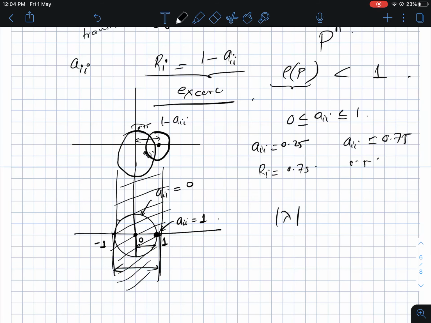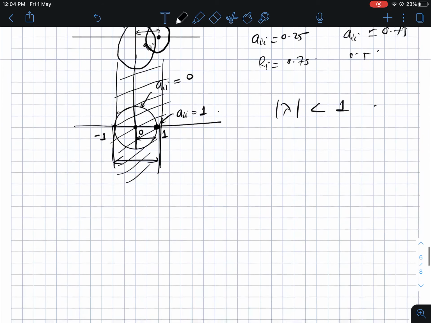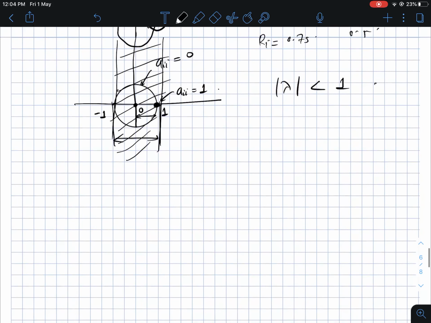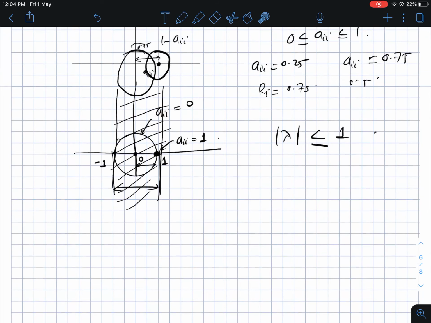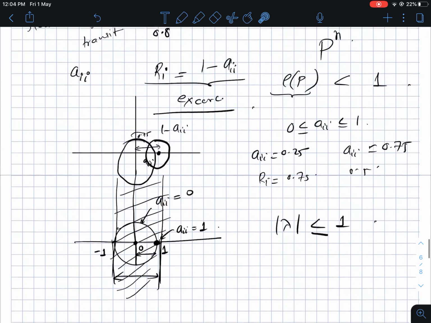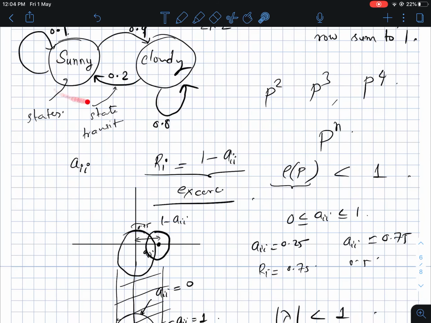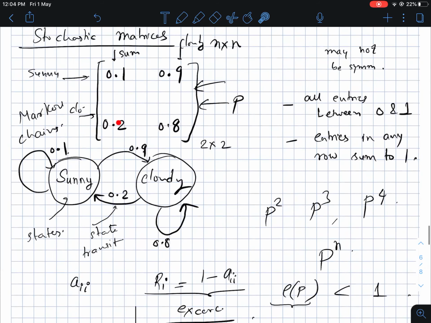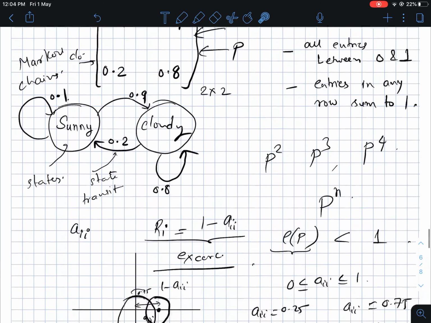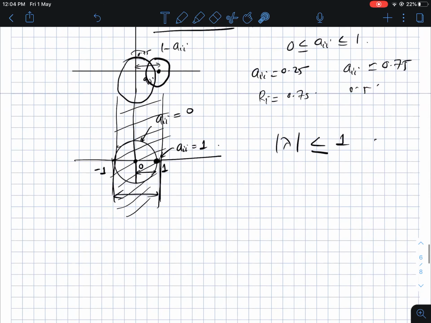That means that the absolute value of all the eigenvalues will be less than 1 for sure. To be precise, I should say less than or equal to 1. The equal to 1 will happen if you have a 0 diagonal entry in this matrix, which brings this big circle into play.